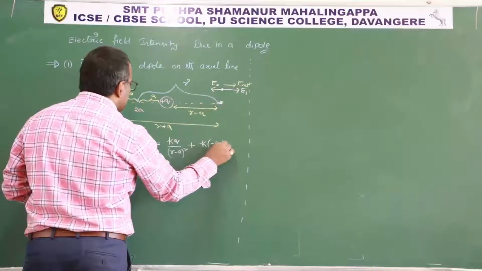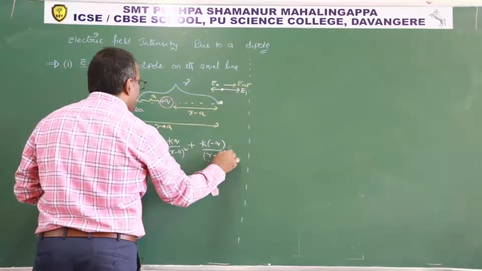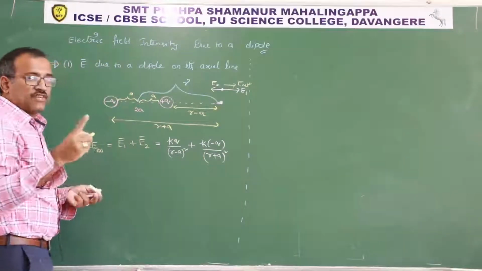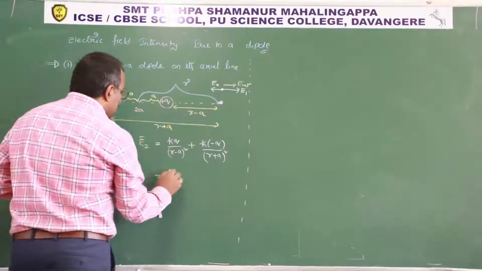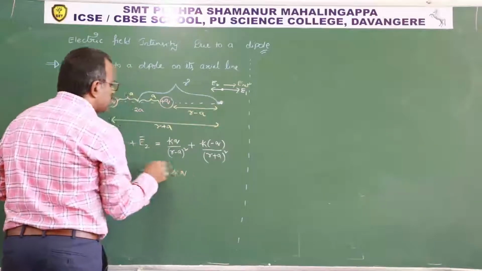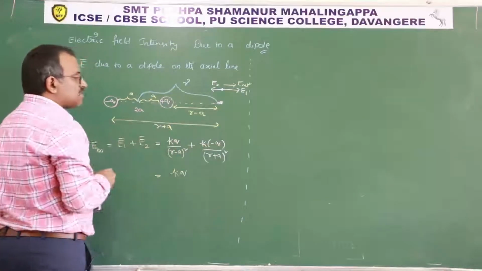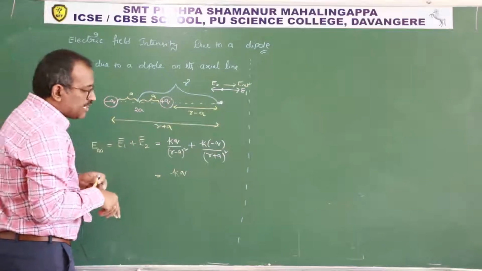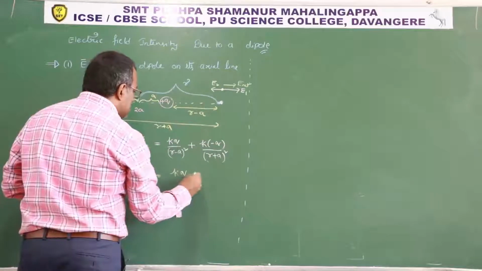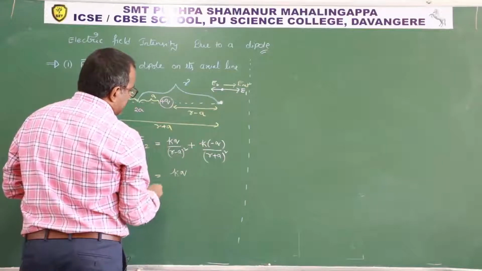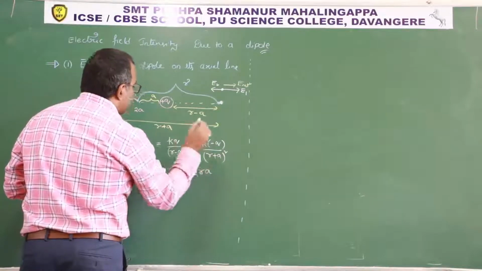But here this is minus q by (r plus a) square. Then after solving this, directly I am going to the concept, kq, and here (r plus a) square, here (r minus a) square will come. Clear? Then a square, r square, a square, r square, a square get cancelled, and you will get 2ra.